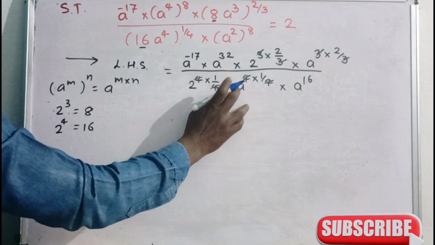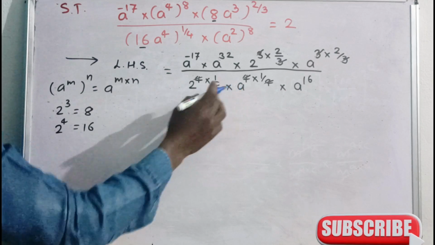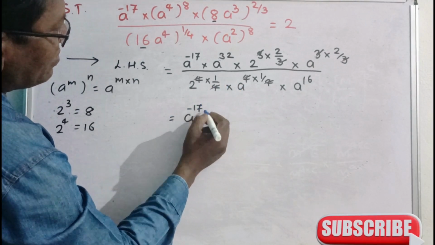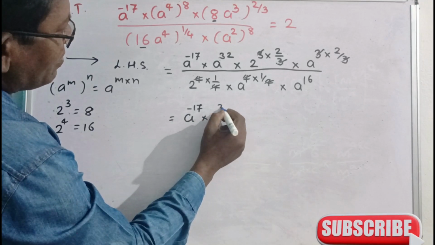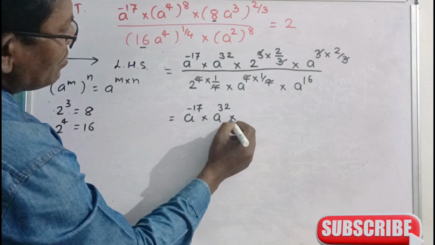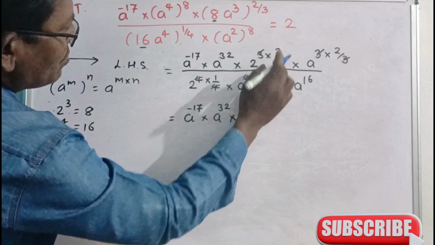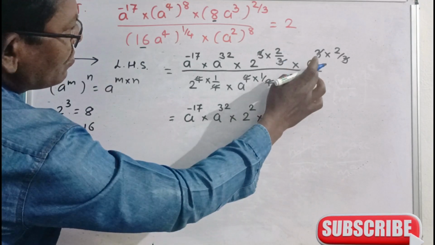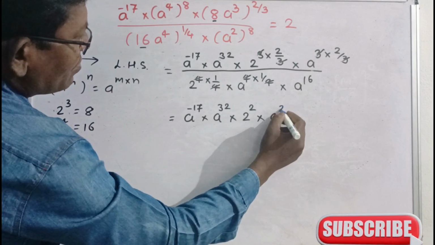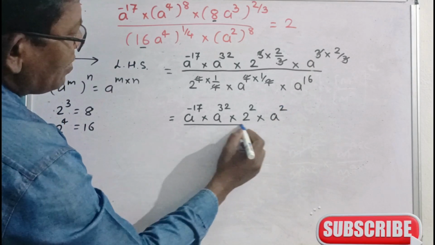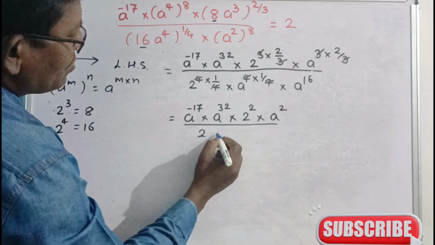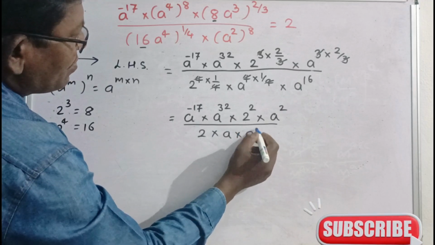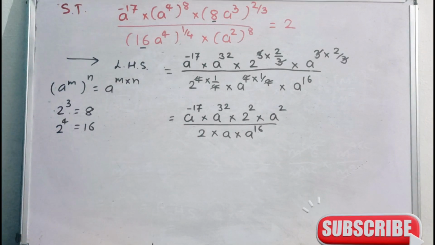How much is it? a raised to the power minus 17, a raised to the power 32 into 2 raised to the power 2 into a raised to the power 2, divided by 2 into a into a raised to the power 16.